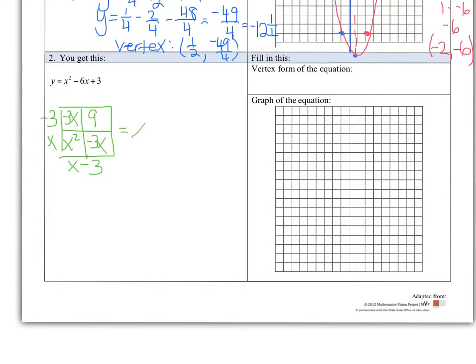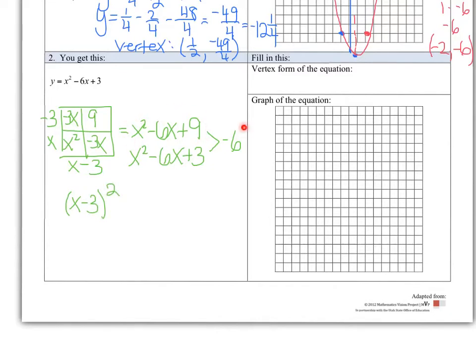So what we have is x squared minus 6x plus 9, and what we want is x squared minus 6x plus 3. So how can we go from 9 to 3? Well, we can subtract 6, because 9 minus 6 is 3. So what we have is x minus 3 squared. That's what this equals.